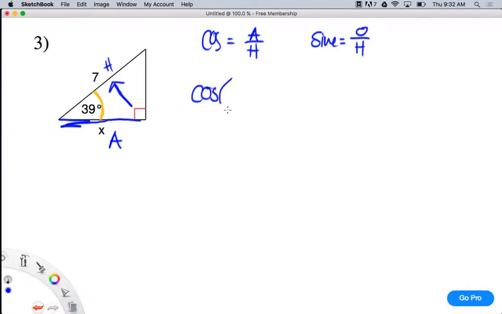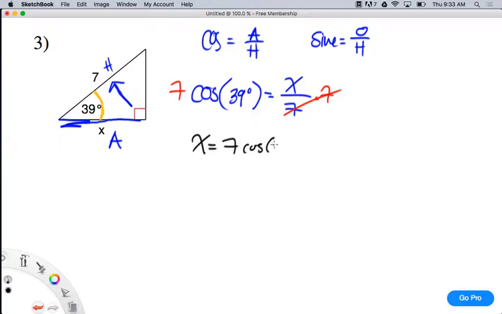So I say the cosine of 39 degrees, because the cosine of my angle equals adjacent over hypotenuse. Adjacent is x, hypotenuse is 7. What do I do now? Multiply both sides by 7. So I get x equals 7 times cosine of 39.